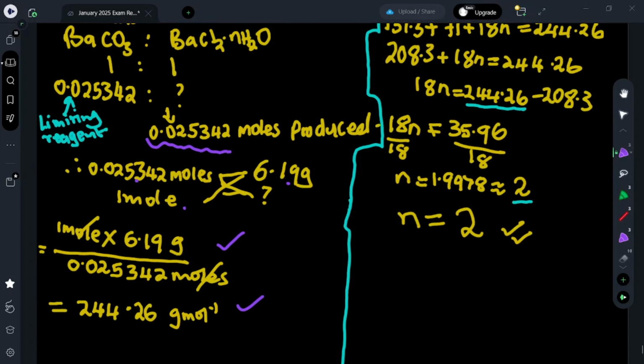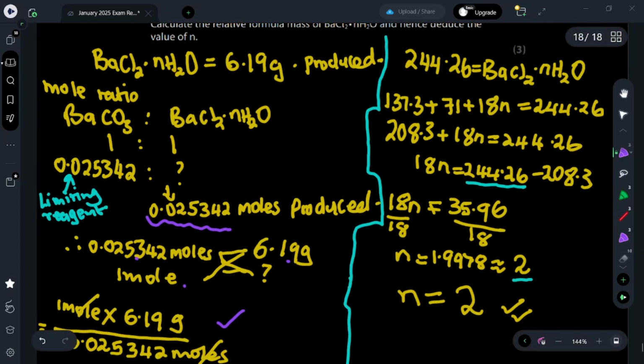After getting the molar mass, we can make an equation to get the value of N, the number of moles of the water of crystallization. We know that water is 18, that's the molar mass or the formula mass.